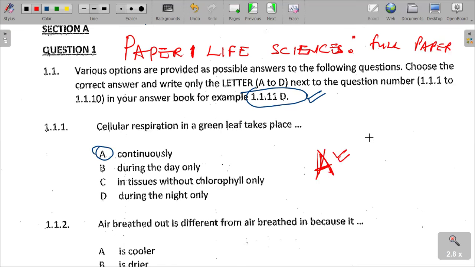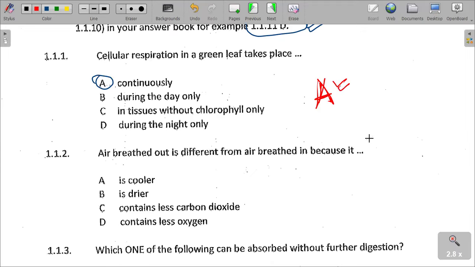Air breathed out is different from air breathed in because: A, it is cooler; B, it is drier; C, it contains less carbon dioxide; D, it contains less oxygen.